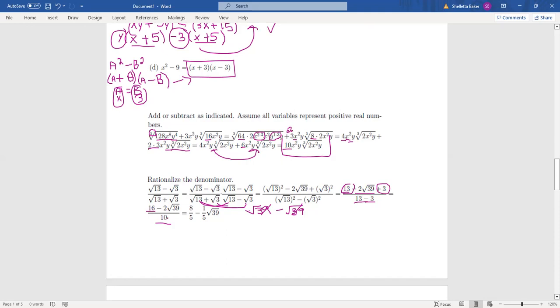And we simplify that a little bit further. We can divide each of these terms by 2. So we'll get 8 minus that square root 39 over 5. And you can separate it into 2 fractions, or you could leave it combined as 8 minus square root 39 over 5. That's fine.